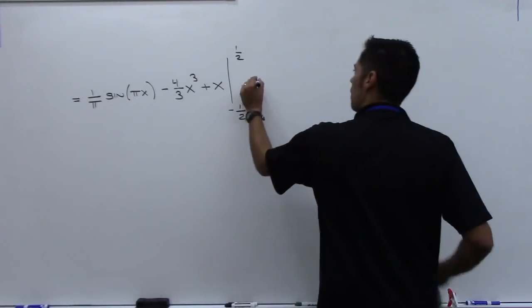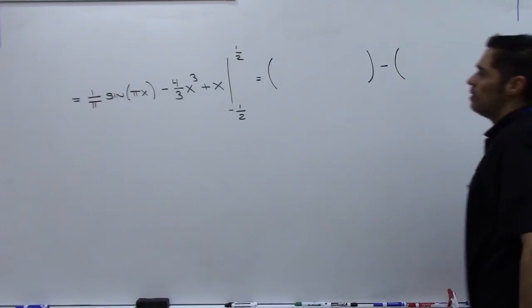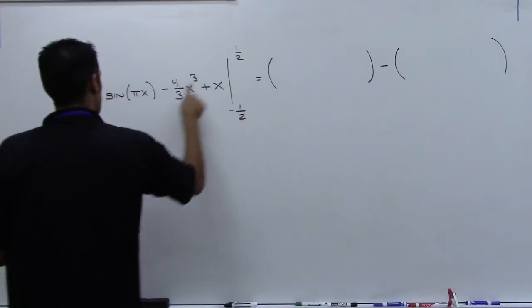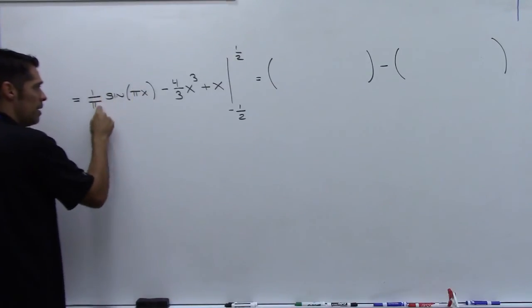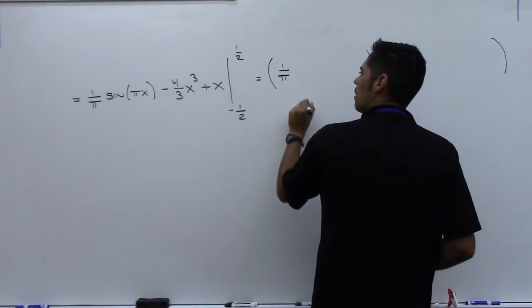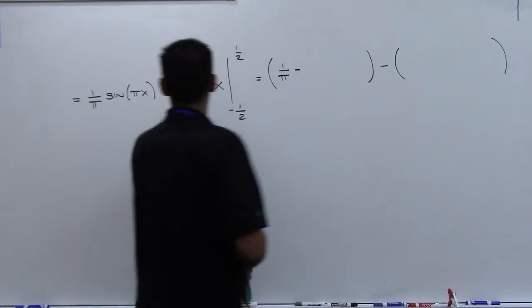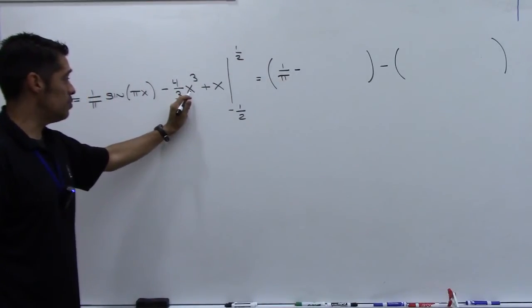Okay, so let me first plug in 1/2, then negative 1/2. So if I plug in 1/2 right here, I get pi over 2. Sine of pi over 2 is 1. So I'm going to get 1 over pi times 1, which is just 1 over pi. Minus, now what happens when I plug in a half into here? 1/2 times 1/2 times 1/2 is 1/8.